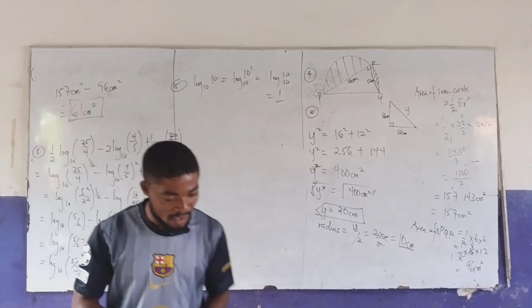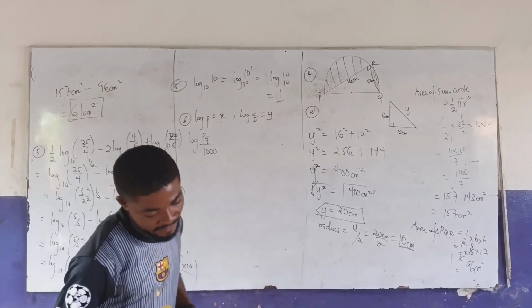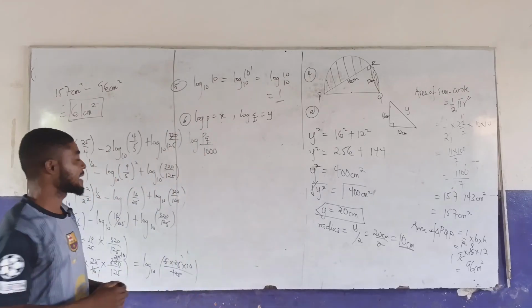All right. Question 6. Given that log p is equal to x and log q is equal to y, we've been asked to express log of pq on 1000 in terms of x and y.